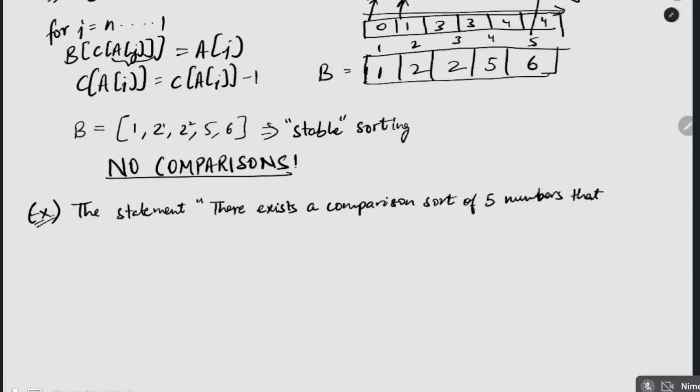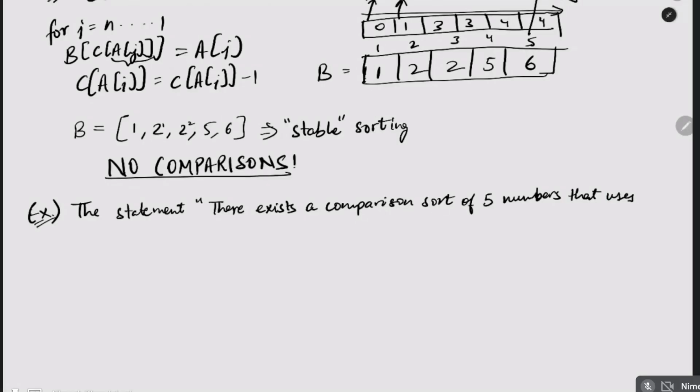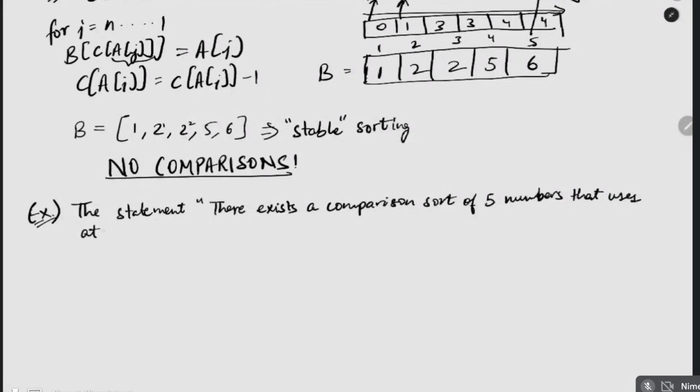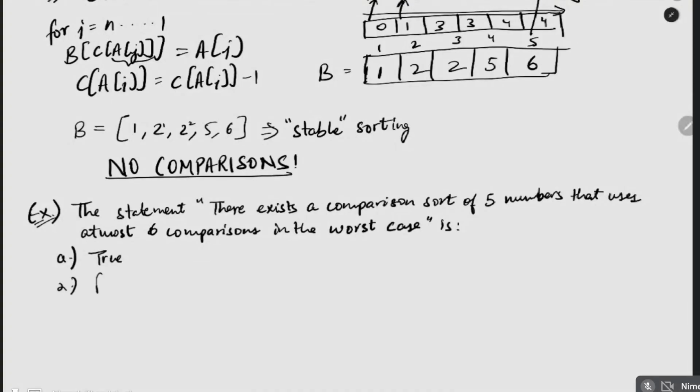So the statement is that there exists a comparison sort of five numbers that uses at most six comparisons in the worst case, right? So we have to tell if this statement is true or false.